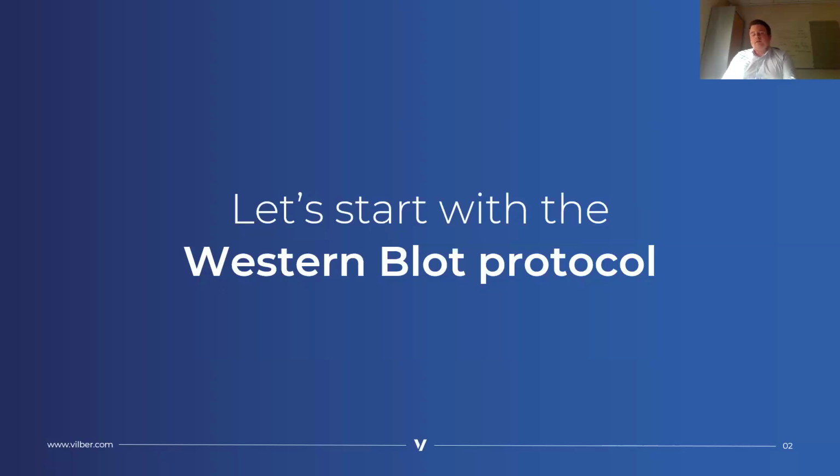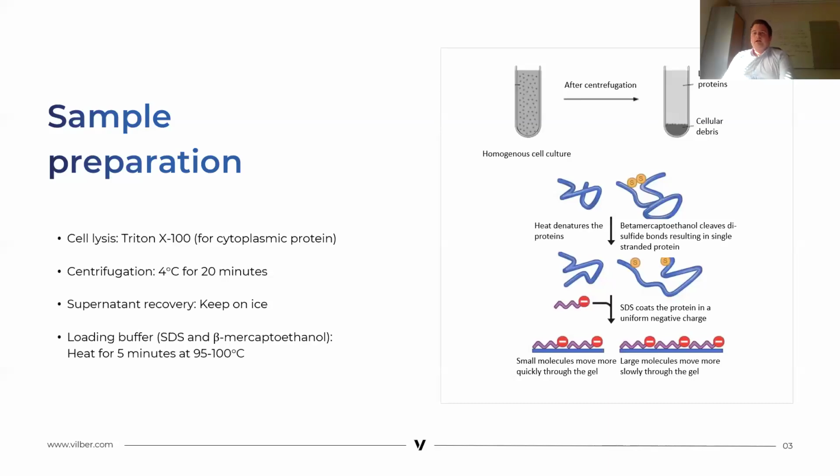So let's start with the Western blot protocol. And first, the sample preparation and the cell lysis. If you are working on cytoplasmic proteins, a mild detergent like Triton X-100 works well, okay? But it's very important also to add protease and phosphatase inhibitors.